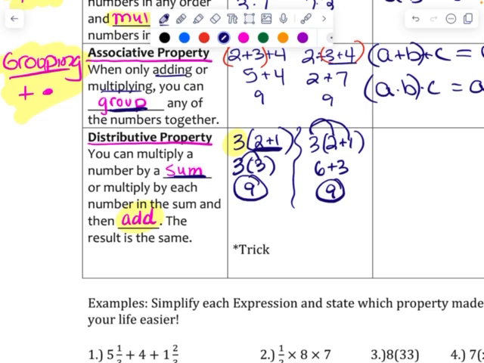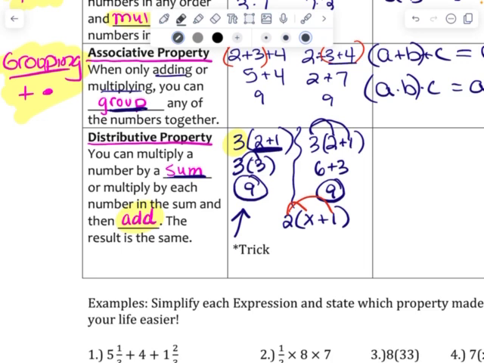So I recommend using order of operations first, but there will be many times when we're given a problem like 2 times x plus 1, where we cannot combine the x plus 1 because they're not like terms. So here we would have to distribute.